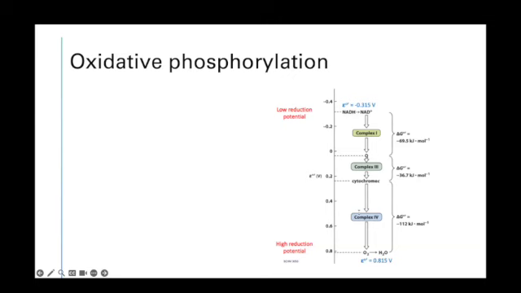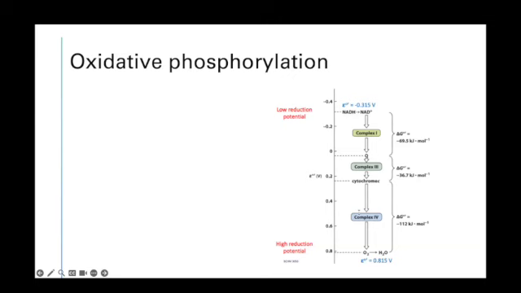The reduction potential is the measure of the tendency of a substance to gain electrons, so to get reduced. And the greater the value, the higher the tendency to accept electrons. So if I have a high reduction potential, then I am very likely to accept electrons.